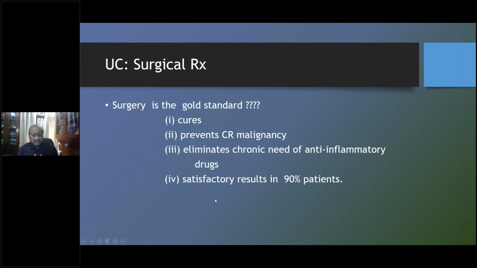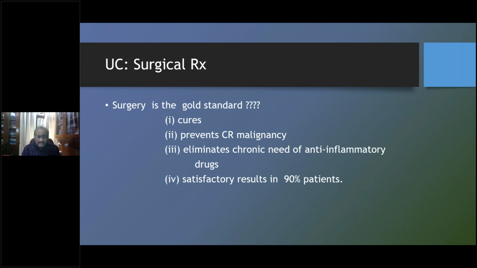In all these, surgical treatment is required. Whether surgery is the gold standard or not is open to question, but if you want to go in for surgery, I would like to call it a gold standard. Why? One, I'm curing this disease, I'm getting the whole part of the bowel removed. Two, I'm preventing a later generation of malignancy.